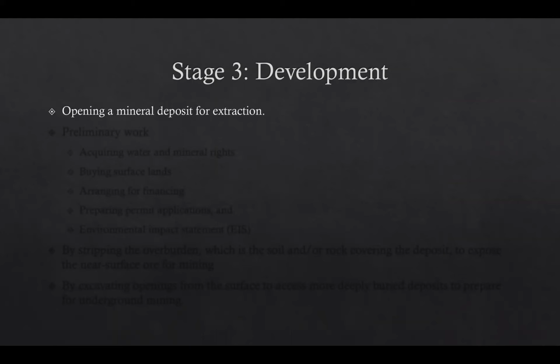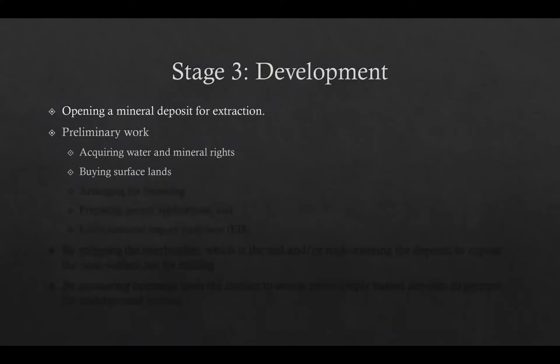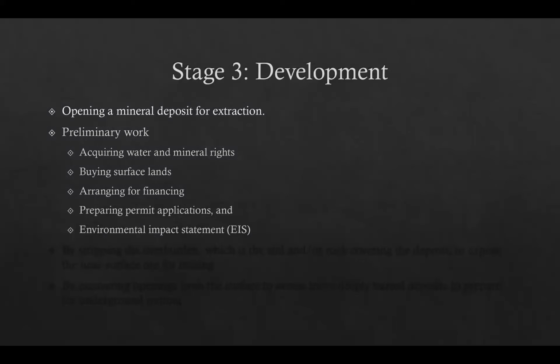There are certain preliminary steps which are generally required before the development starts, which involve acquiring water and mineral rights, buying surface lands, arranging for financing, preparing permit applications, and environmental impact statements.